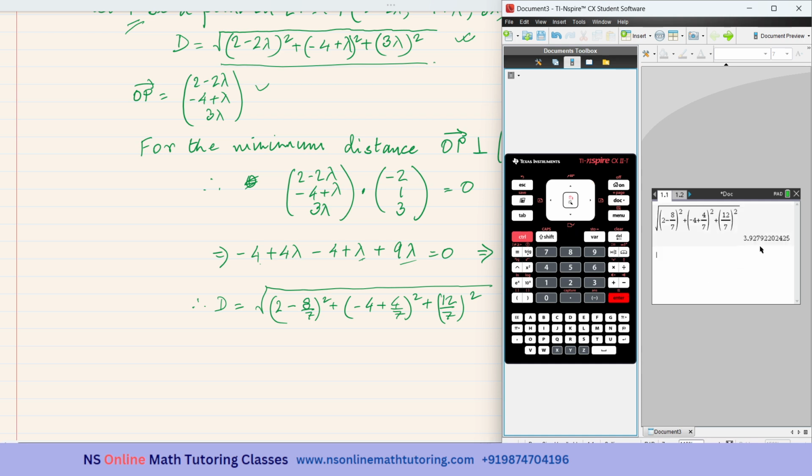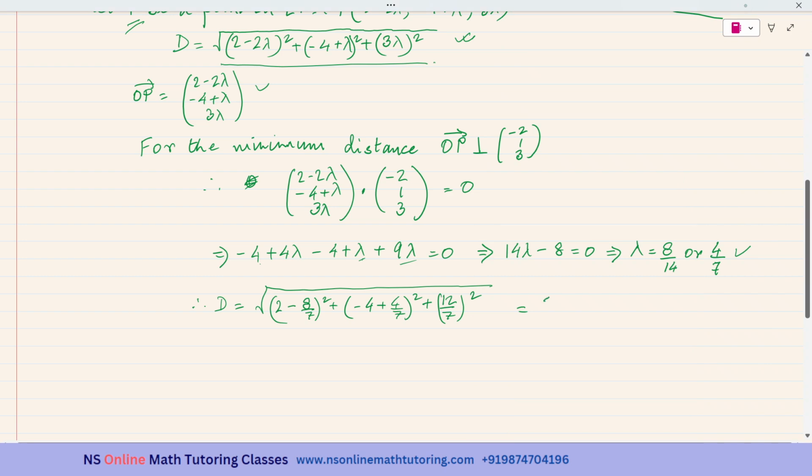Enter. See, you are getting the same value, 3.93, correct to 3 significant figures. Okay. So 3.93 units. Let me write D minimum. Correct to 3 significant figures.